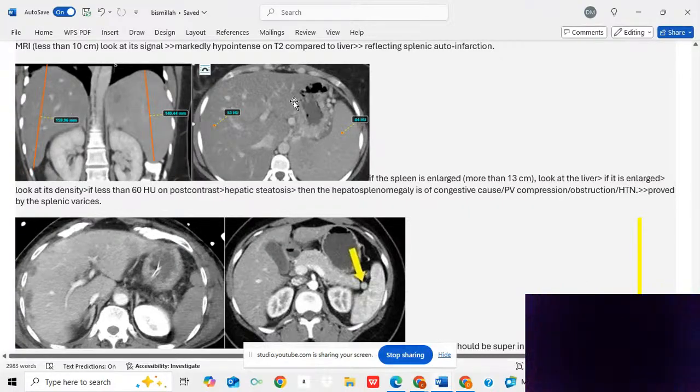If the liver is hypodense, how to know if the liver is hypodense or hyperdense? Okay, on the post-contrast sequences, the liver density should be at least 60 Hounsfield unit, and shouldn't be more than 80 Hounsfield unit.